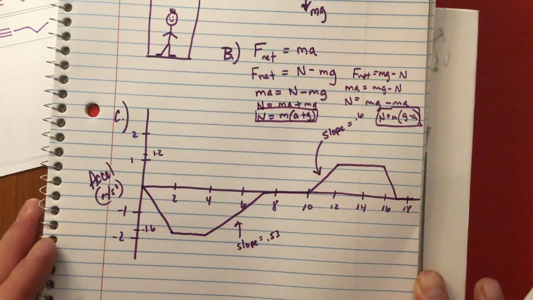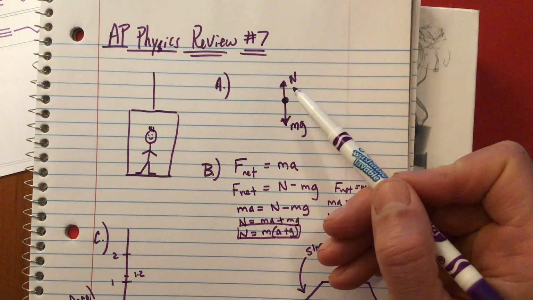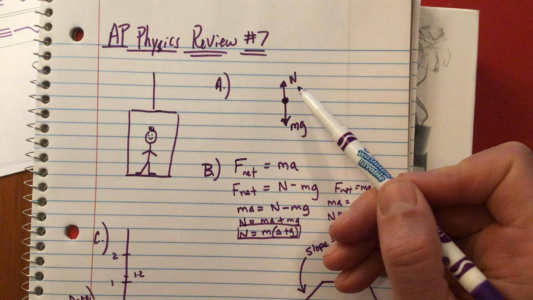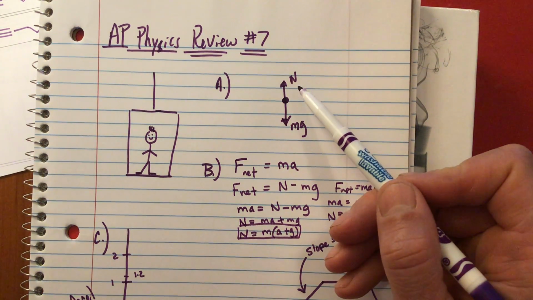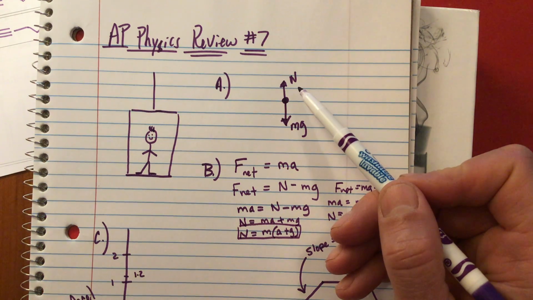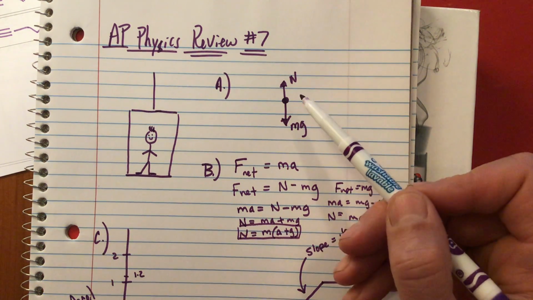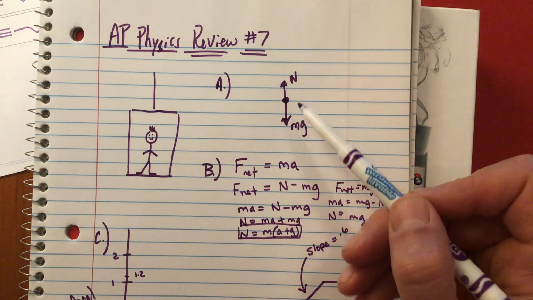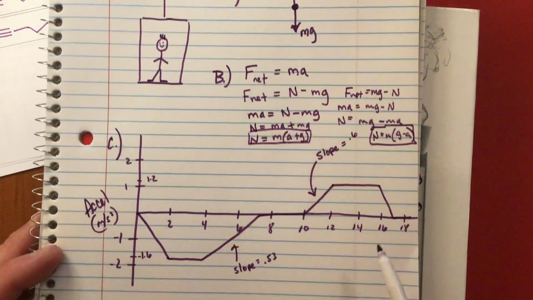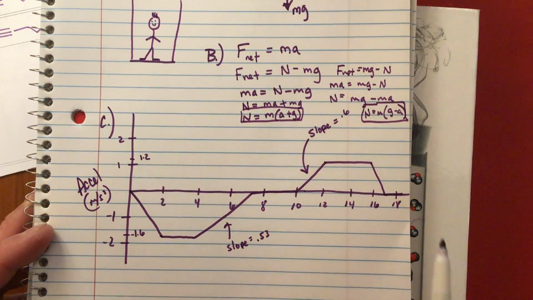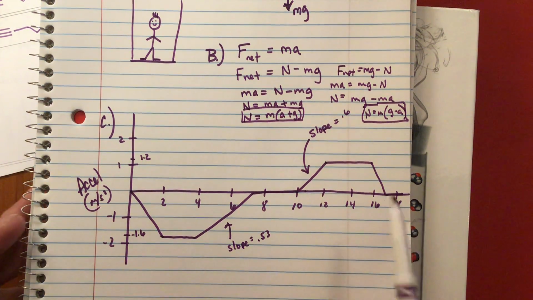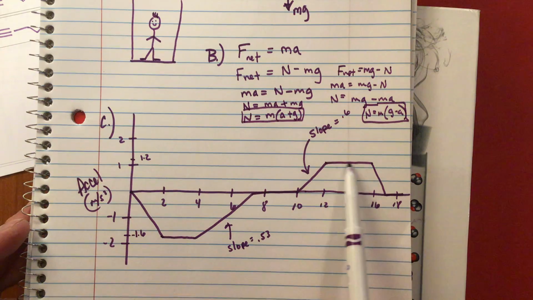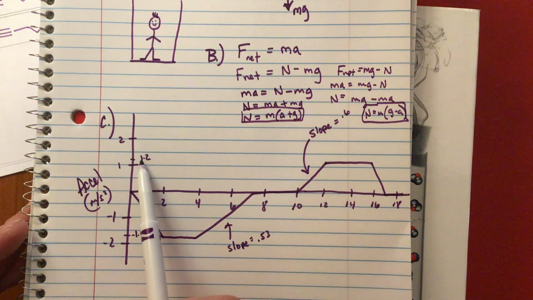Okay, so where on this graph do we have the normal being the largest that it could be? Well, for N to be large, we would want the acceleration to be up. So we would want the net force to be up, or the acceleration to be positive. So I would be looking for a large positive acceleration. So the largest acceleration would be right here, I believe, at 1.2.